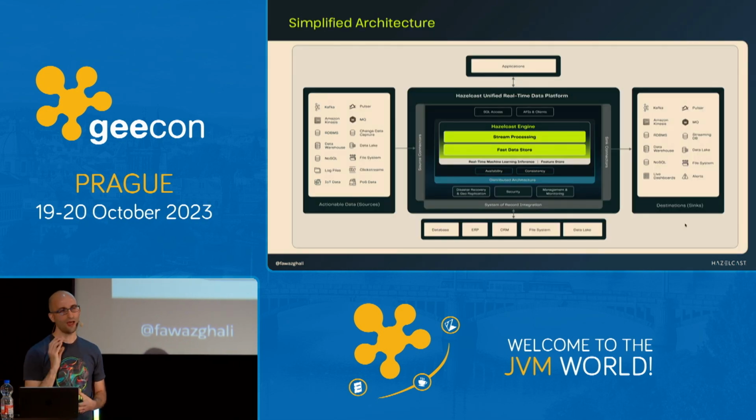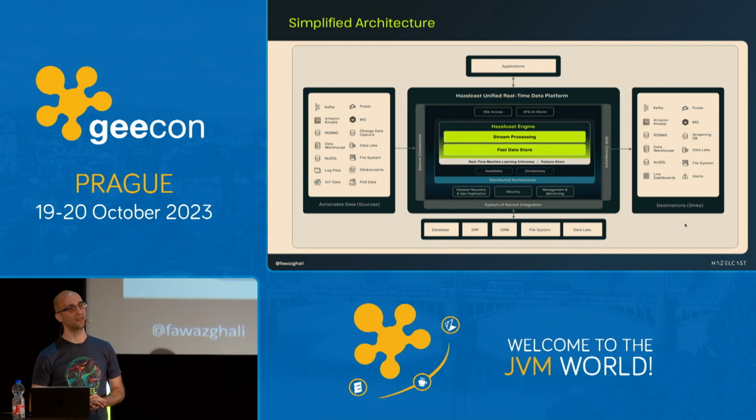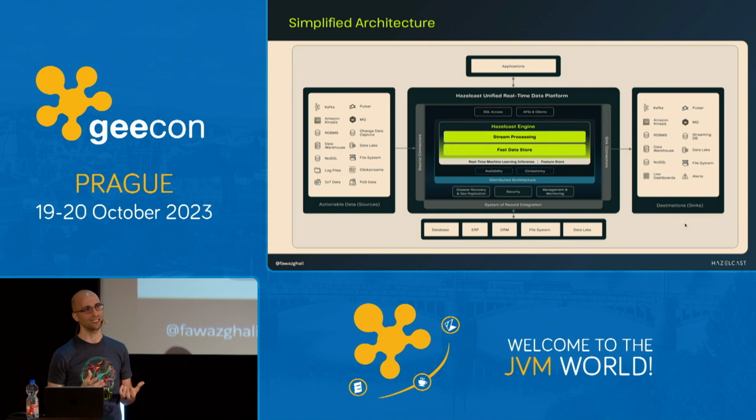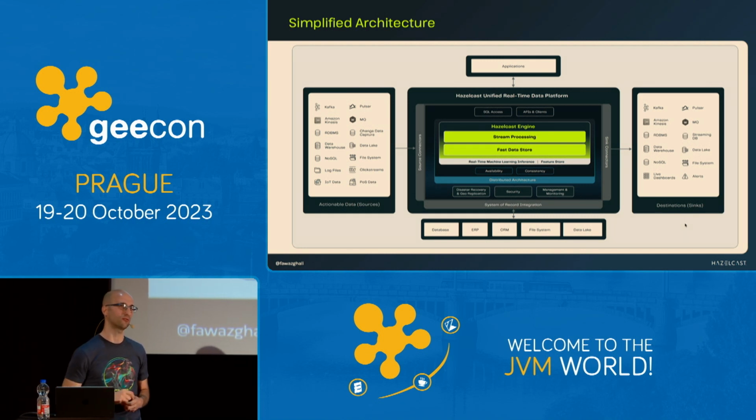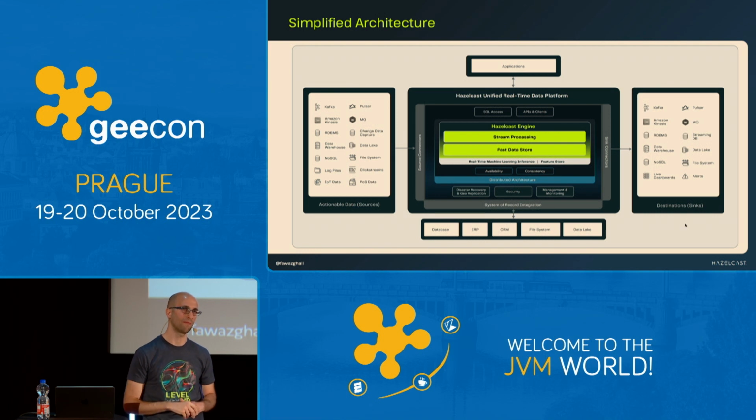So if you're not sure, or if you haven't heard of Hazelcast before, Hazelcast, an open source unified data platform, does exactly this job for you. So essentially what you gain out of it is a simplified architecture, which allows you to do stream processing and a fast data store. It's one way of doing it.